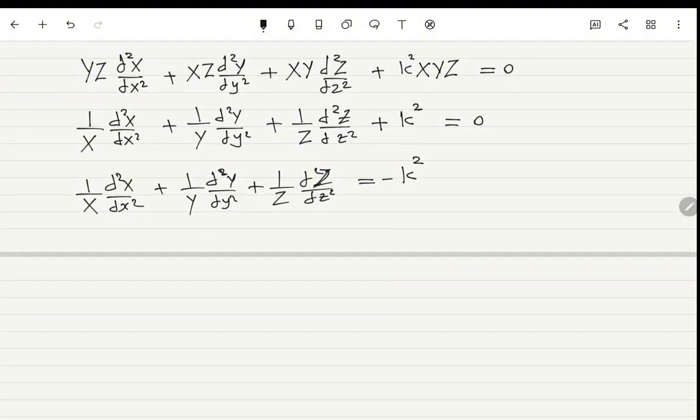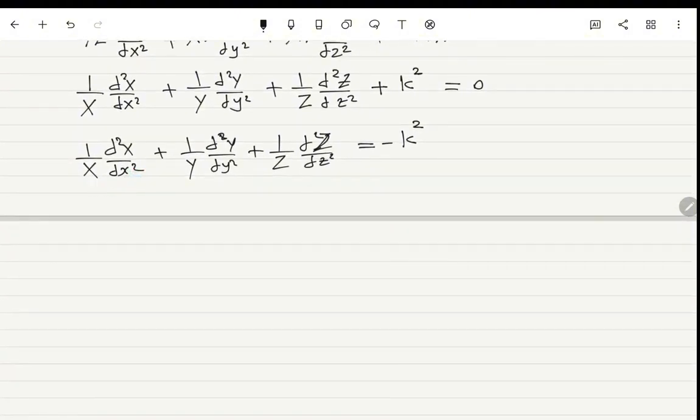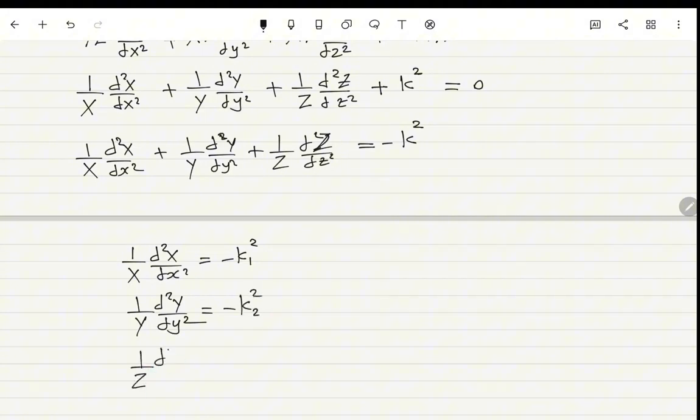But the good thing here is this part is independent of this and independent of this. Therefore, each part of this equation is equal to constant. So therefore, 1 over x d2x by dx squared equal to minus k1 squared, and 1 over y d2y by dy squared equal to minus k2 squared, and 1 over z d2z by dz squared equal to minus k3 squared.